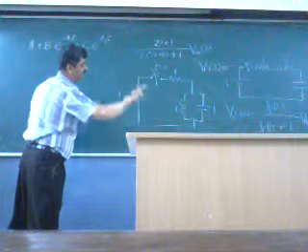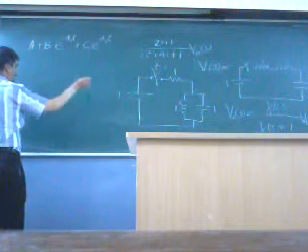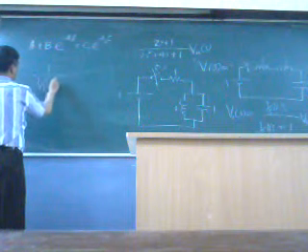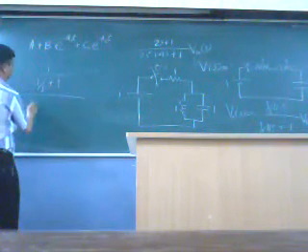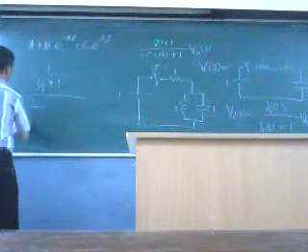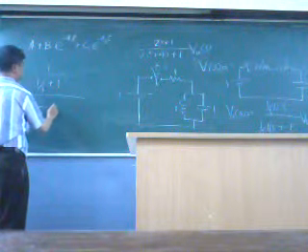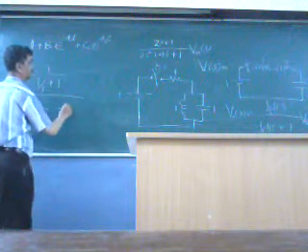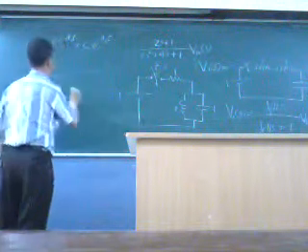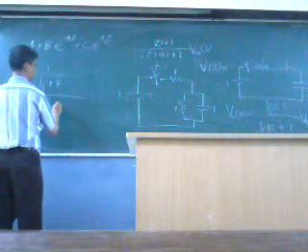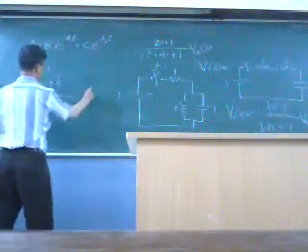That comes out to be 1 upon S into S is 1, upon 1 upon S plus 1, upon 1 upon 1 upon S plus 1, plus 1 into VNS.